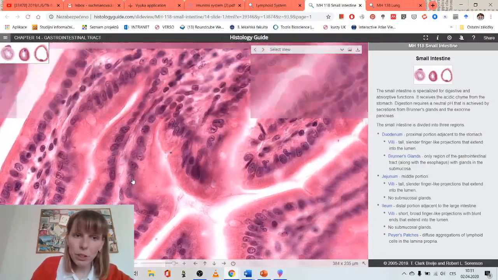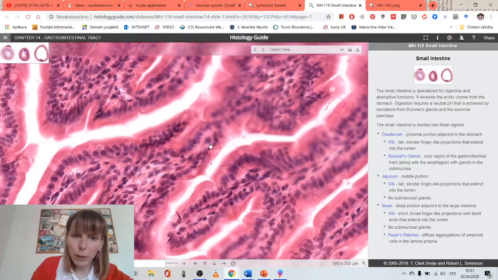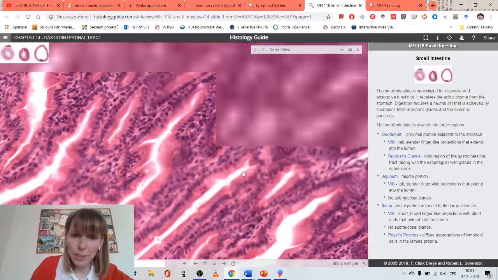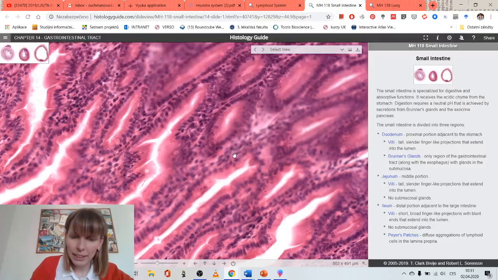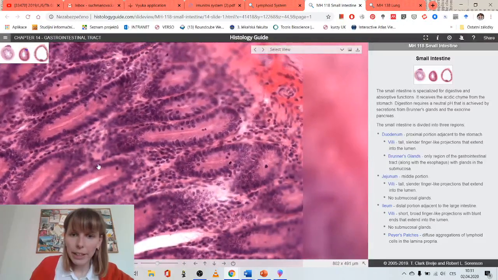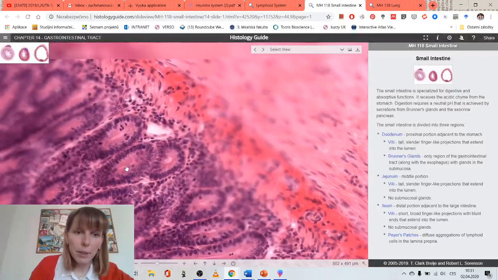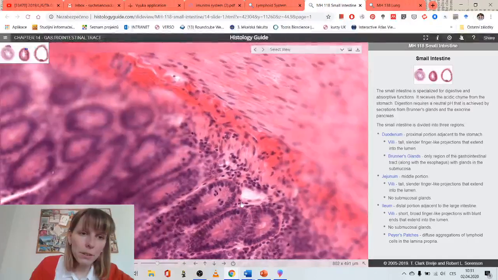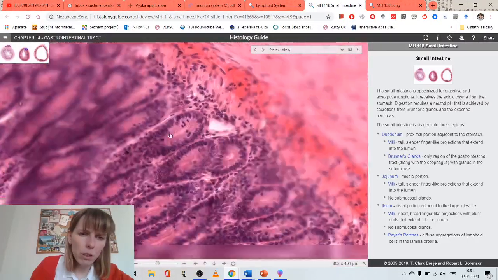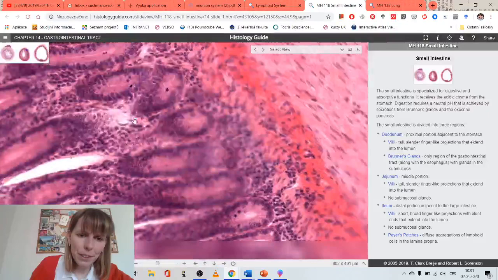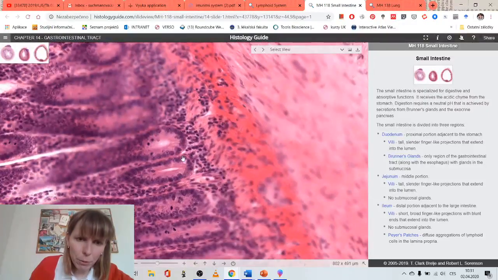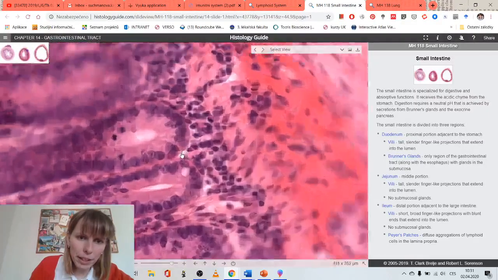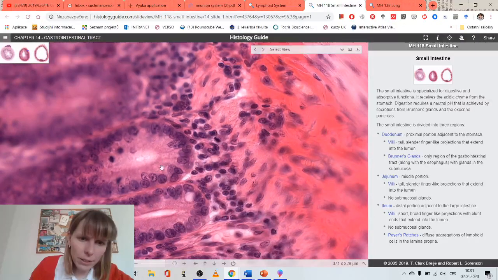And if we go deep into the crypts, let me zoom out, very slow, sorry. You would find the Paneth cells here in the lowest parts of the crypts. So for example here, if you find the bottom of the crypt, even though these are not stained red, you can say that these are the Paneth cells producing the lysozyme.